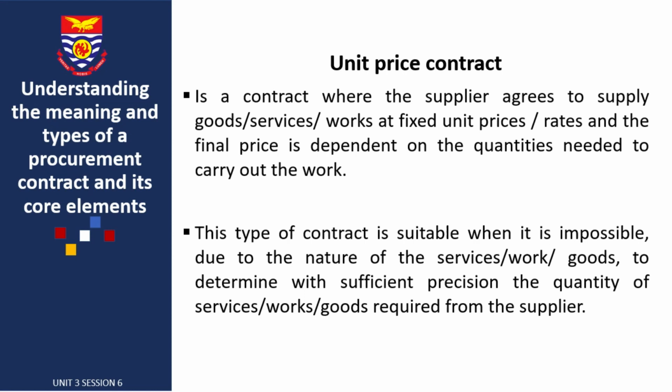So basically, for unit price contracts, it is mostly contracts of quantity that suppliers may want to use unit pricing strategies or systems. This type of contract is suitable, as I mentioned earlier, for the sufficiency and precision of quantity of goods, works, and service.